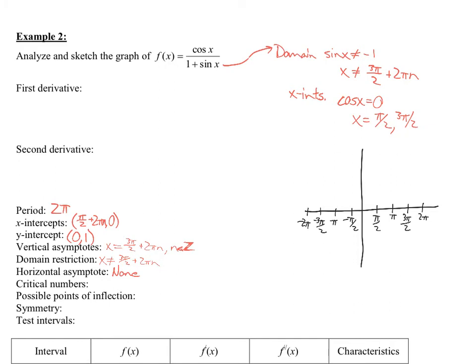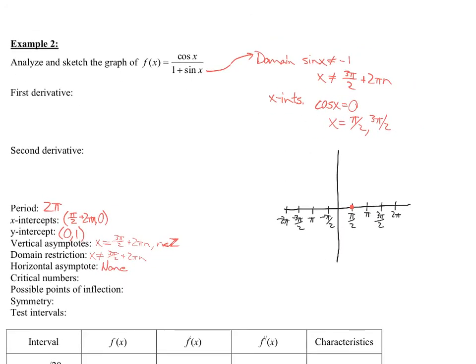So this says that we have x-intercepts at pi over 2 and then every coterminal angle. X-intercept here, and then if I go forward a period, that's going to put me over here. If I go backwards a period, it's going to put me here. So there's 3 x-intercepts.